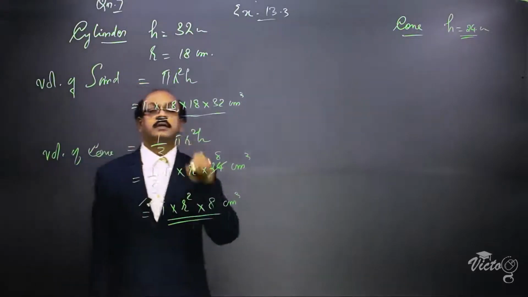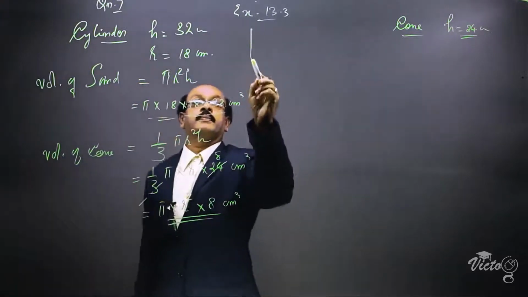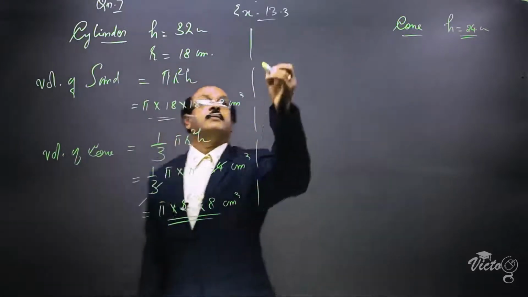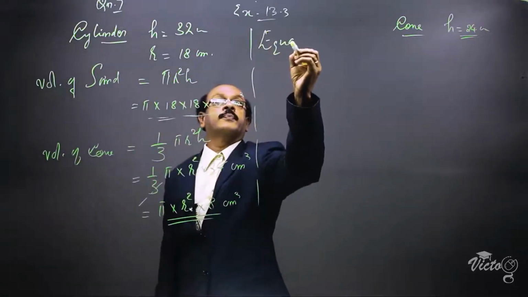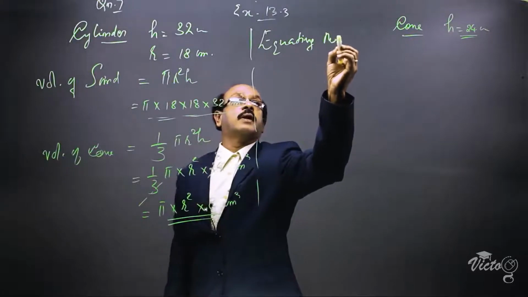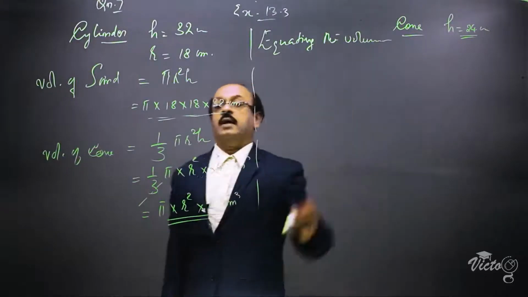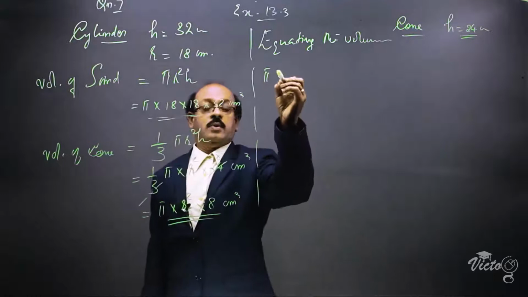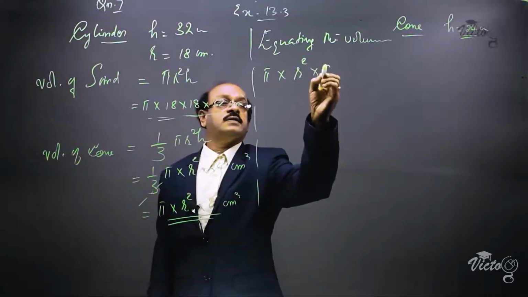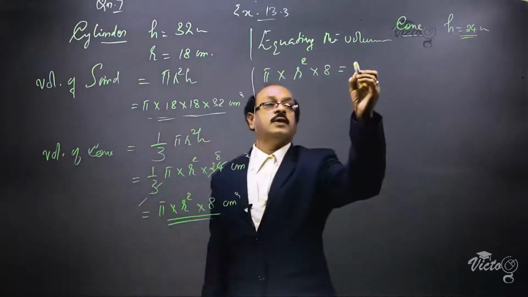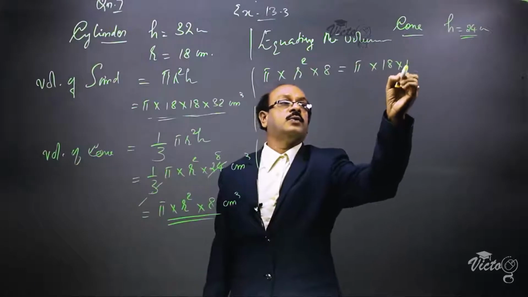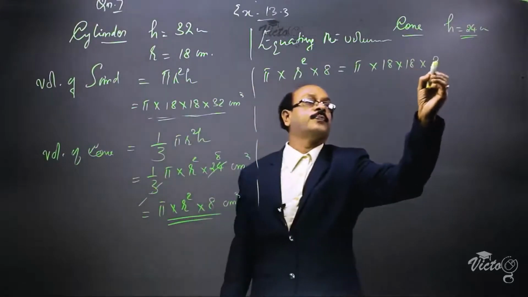Now we can equate these two volumes. We are getting pi into r square into 8 is equal to pi into 18 into 18 into 32.